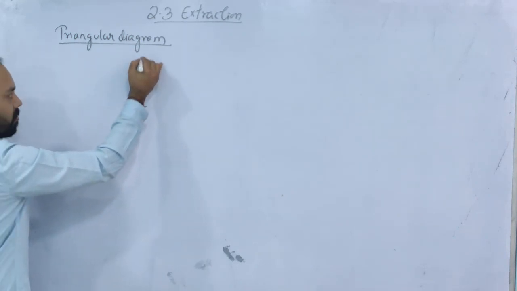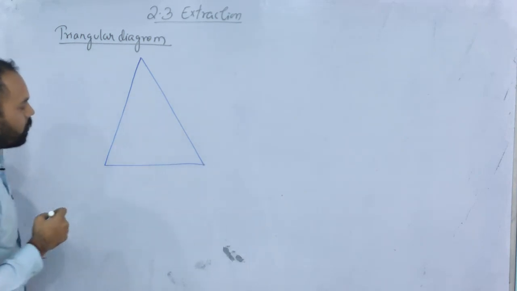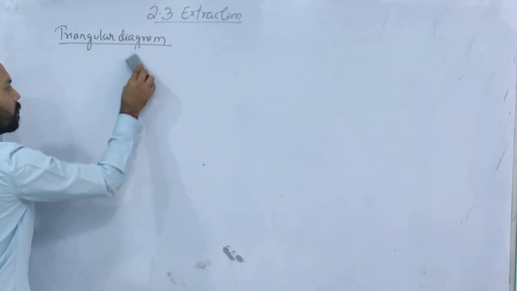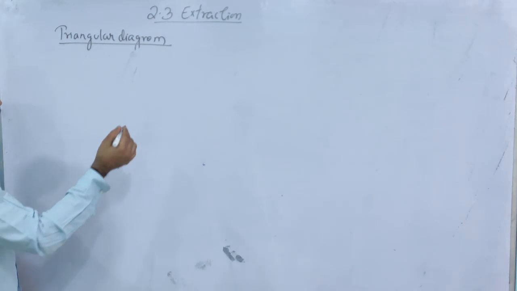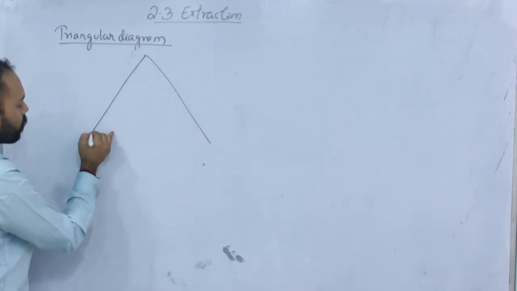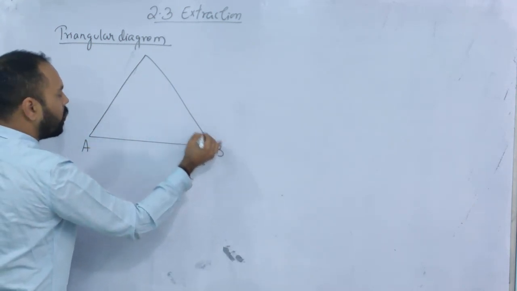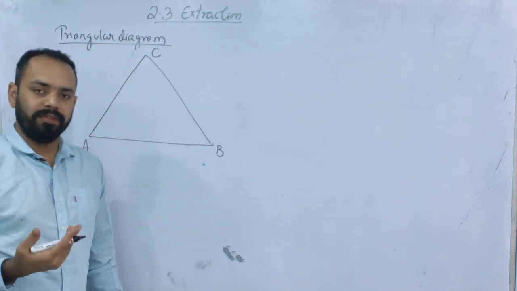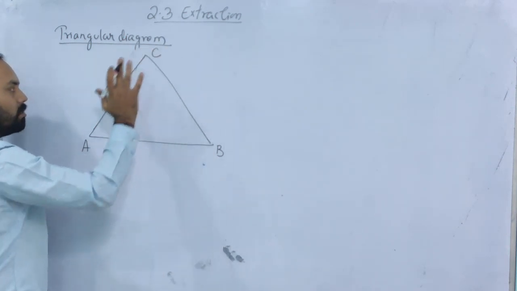So suppose this is an equilateral triangle. Let us name the vertices as A, B and C. These A, B and C are the same components that we have discussed in the case of extraction. So this one is the carrier liquid, the solvent and the solute.